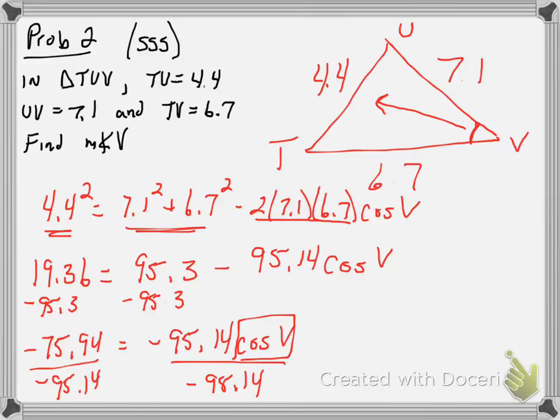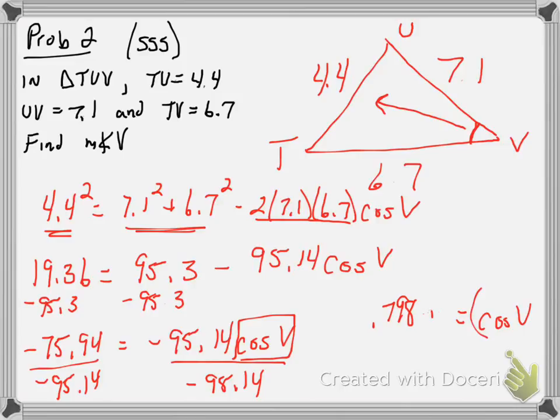That gives me the cosine of V equals 0.798 and some change, dot, dot, dot. That's what I'm trying to write there. So again, don't round there.